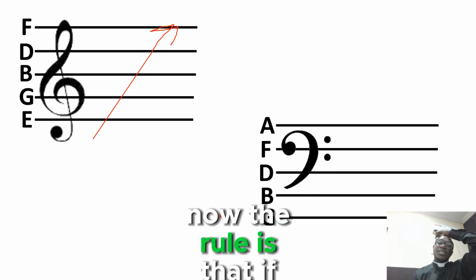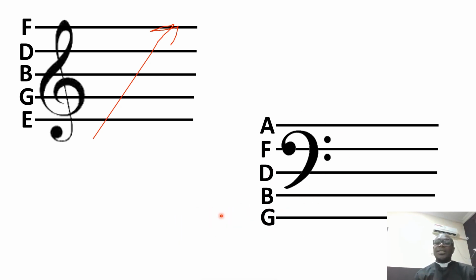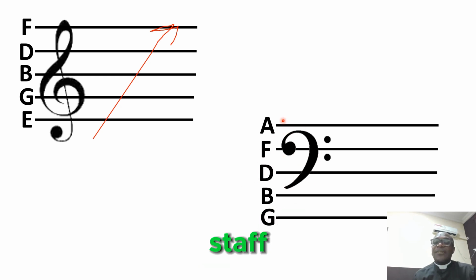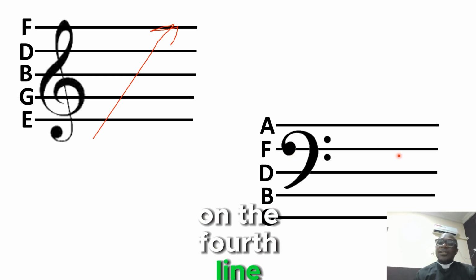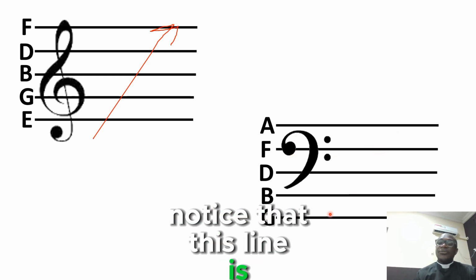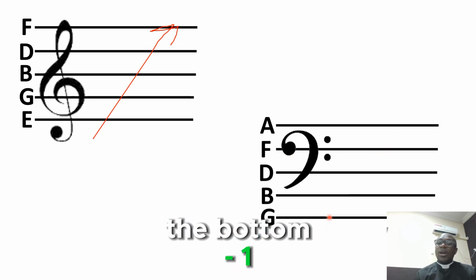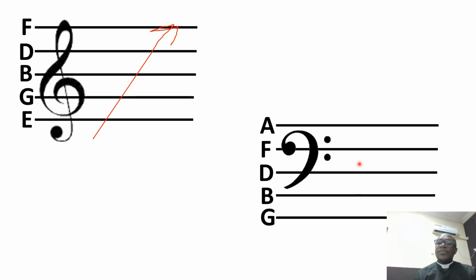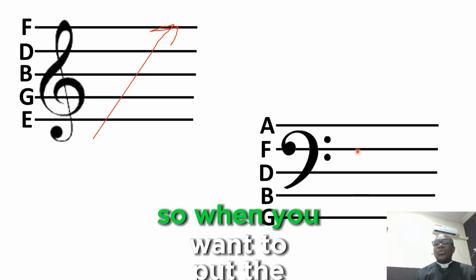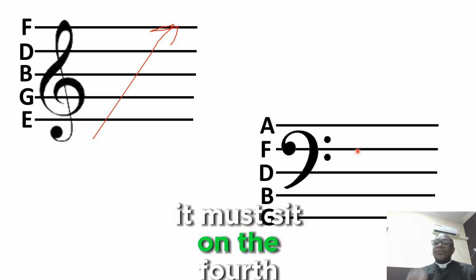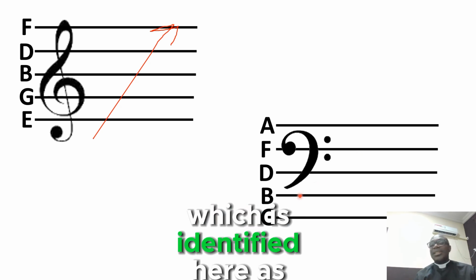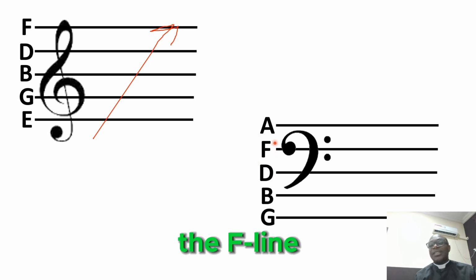Now, the rule is that if you put the F-clef on the staff, it must sit on the fourth line. Notice that this line is fourth, reading from bottom 1, 2, 3, and 4. So when you want to put the F-clef, it must sit on the fourth line, which is identified here as the F line.